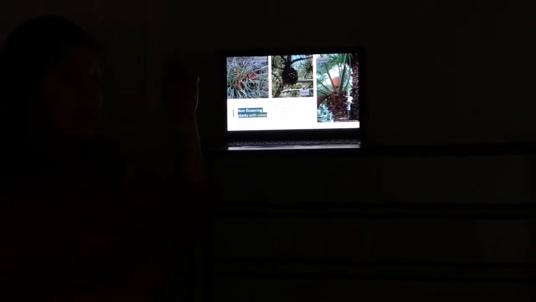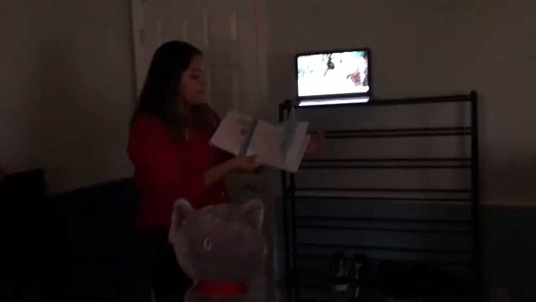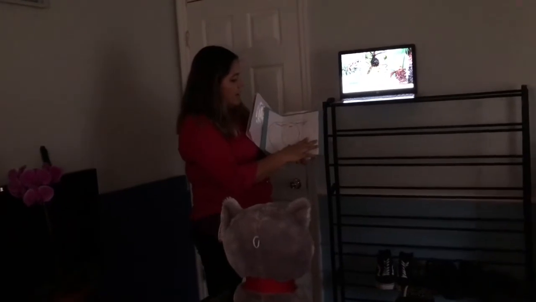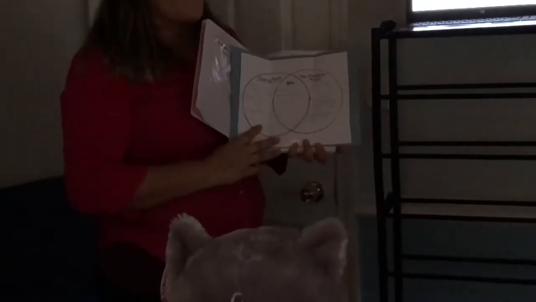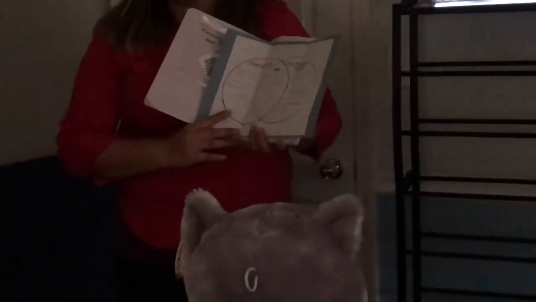Non-flowering plants. We have two types of non-flowering plants. I want you to write down on your Venn diagram real quick. Write down first the definition of non-flowering plants. What does non mean? N-O-N, non.